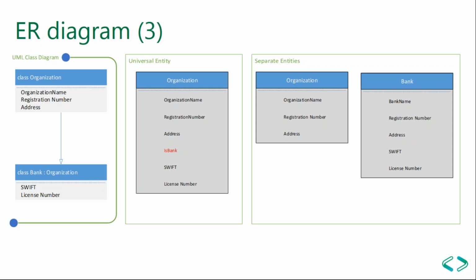So we have a red attribute is bank. It's a discriminator that shows that this organization is bank. So we have some attributes specific to bank organizations like SWIFT.